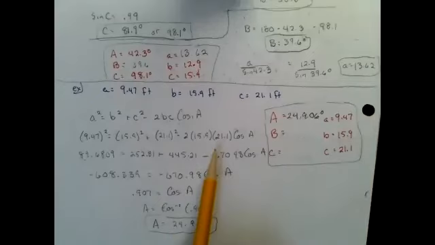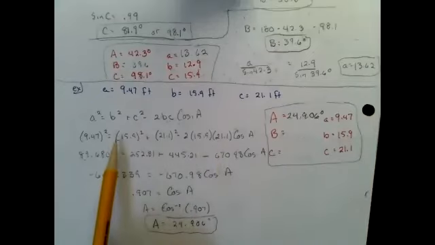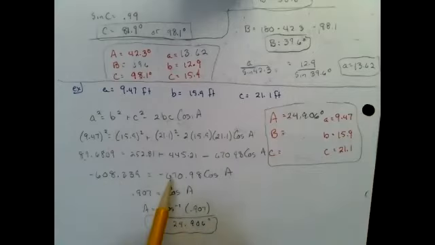How did you come about your 0.907? I took -608 and divided it by -670.98. I'm still confused, because I know at the end of the day, I had 89.6809 equals 27.04, then cosine A. Okay, so let me go back and check.